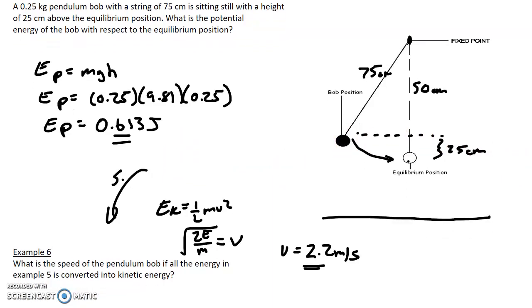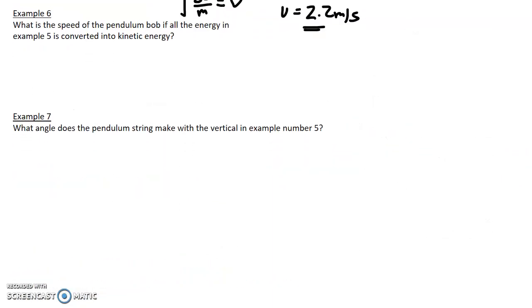One more question. What angle? And this is kind of just taking a look at what we've got going on. Now, if this was 75, this was 50, as we already discussed, because we had this additional 25. Really, we're just looking for what that angle is.